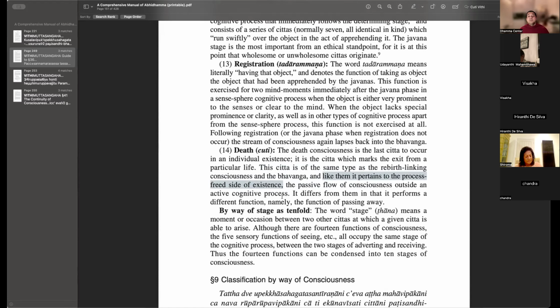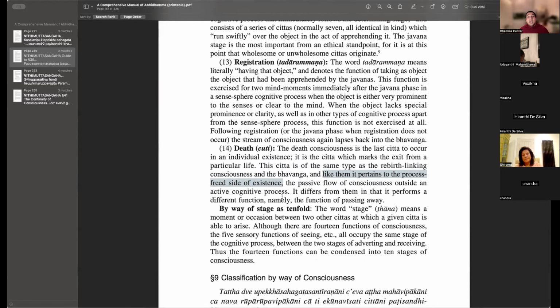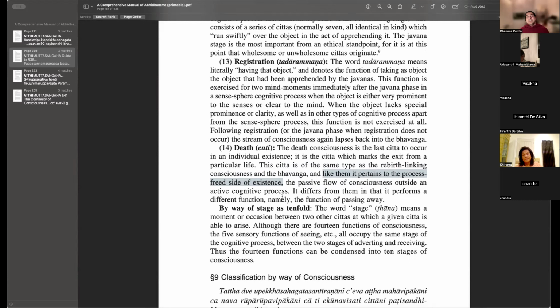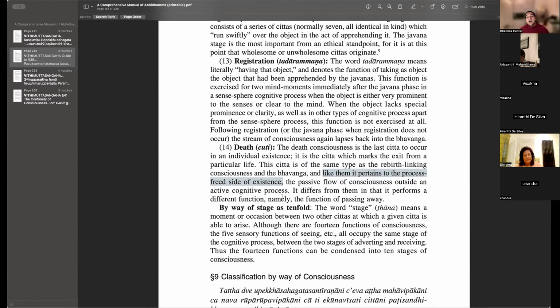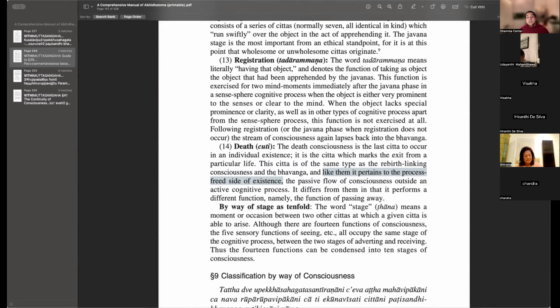That is called vithi mutta. Right? Outside of a five sense door and a mind door process is called vithi mutta. Right? Five sense door and mind door processes are vithi. Vithi mutta means death or rebirth linking, all of that comes into vithi muttaka.